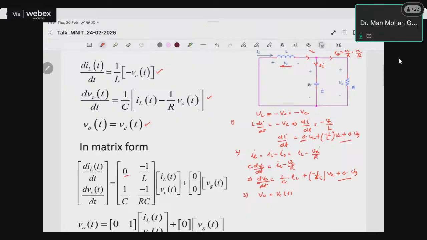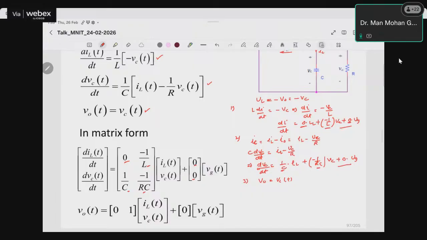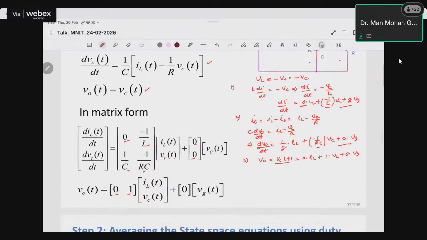Then minus 1 by L, then 0. So this is 1 by C, minus 1 by RC, and again 0. And for the output equation, we know this is this equation only, so I can write it like 0 into IL plus 1 into Vc plus 0 into Vg. So 0, 1 with IL, Vc, plus 0 into Vg, right? So this is the output voltage.